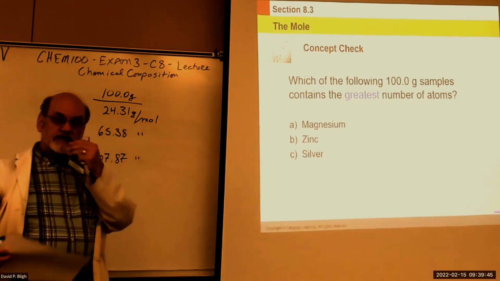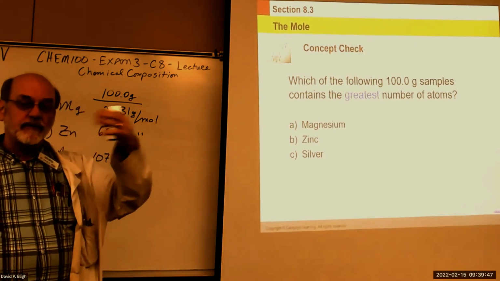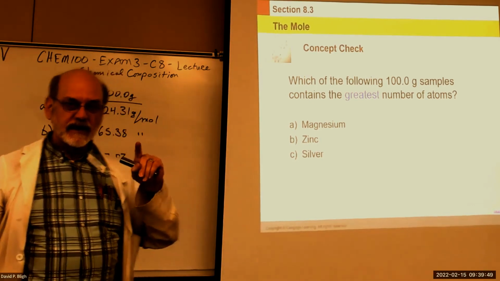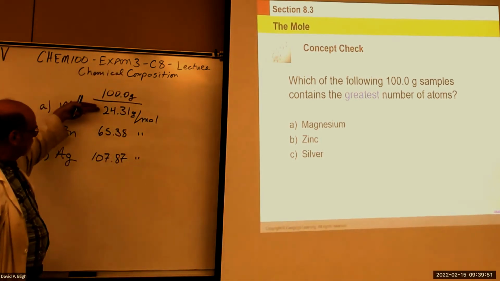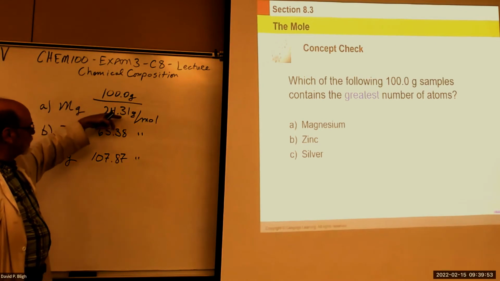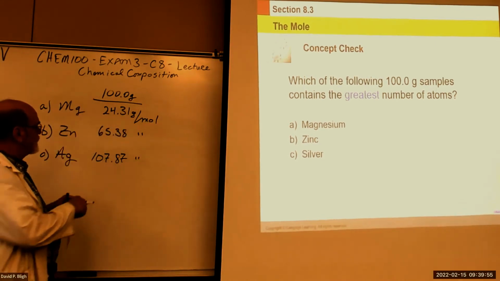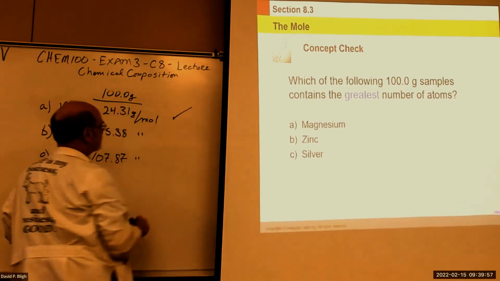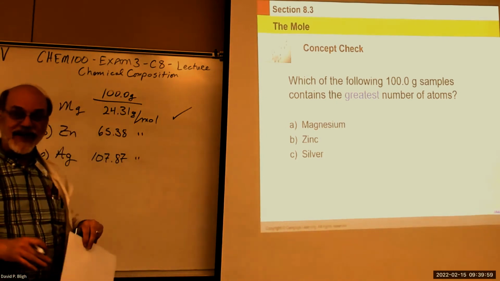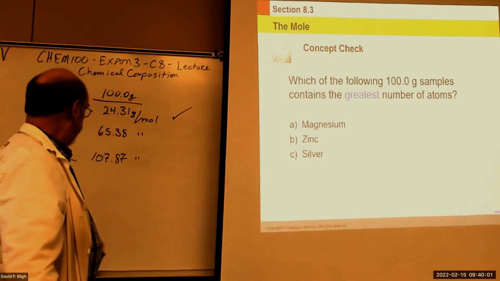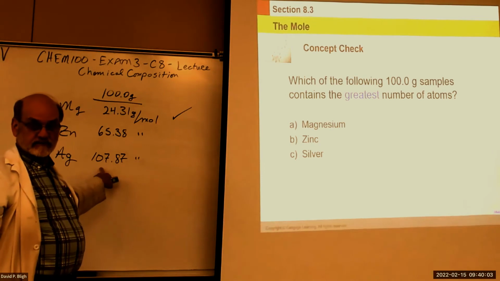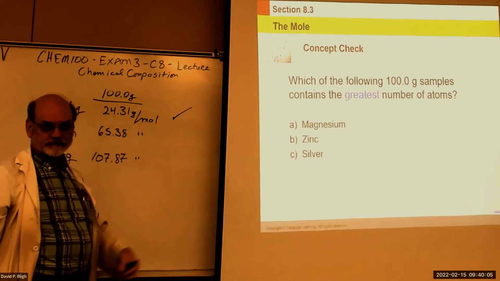Okay. So the one that takes the most number of atoms to make 100 grams is the lightest one. Right? 24.31 grams per mole. This is going to be the greatest number of atoms. And this will be the least number of atoms. And that will be in the middle.